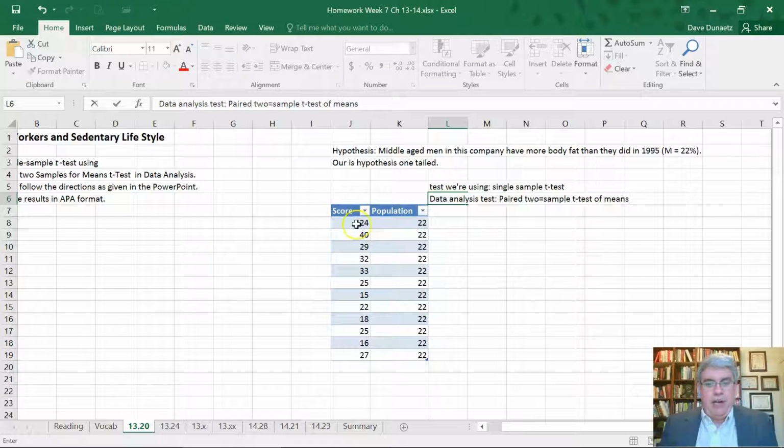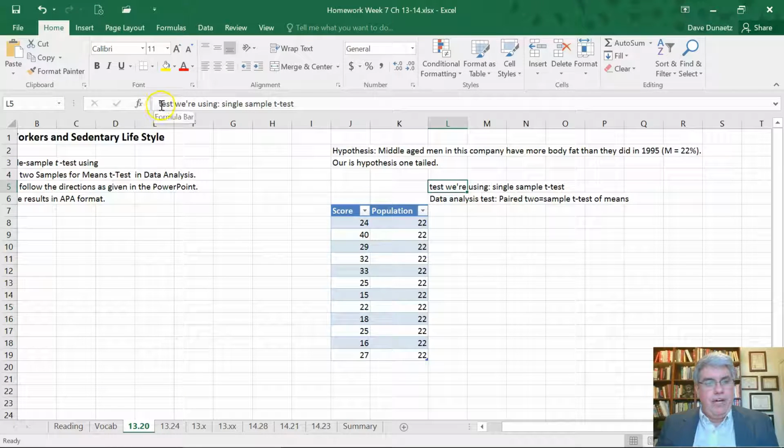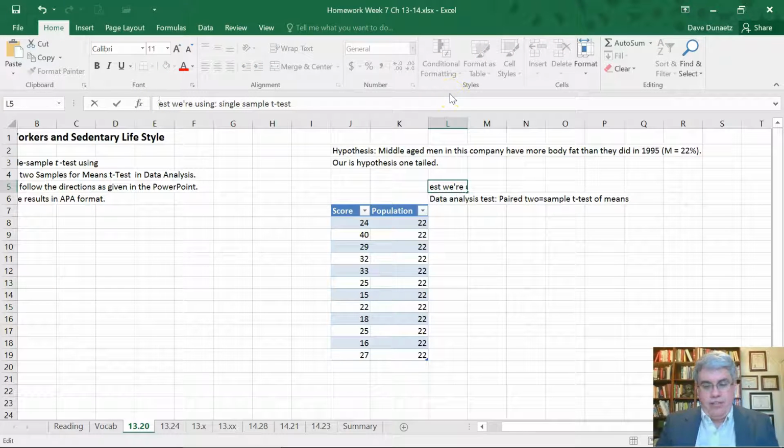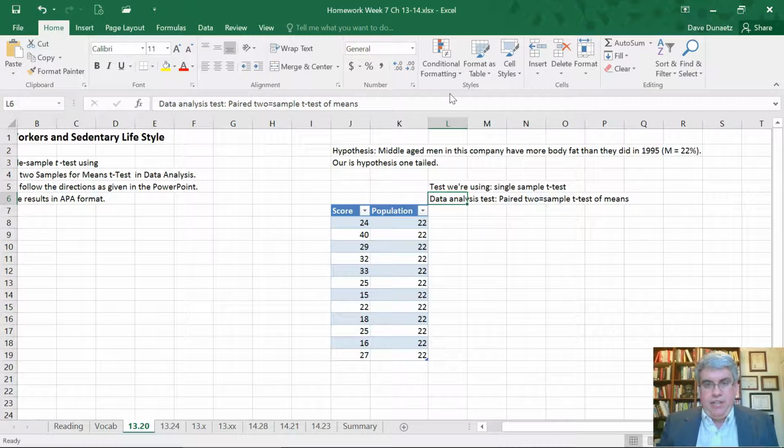And so we're going to actually pair it up with the 22. So it's a little tricky what we're doing here. There's no test in data analysis for the single sample, so we have to use the test that is there, and we do this by filling up this column with the population mean.